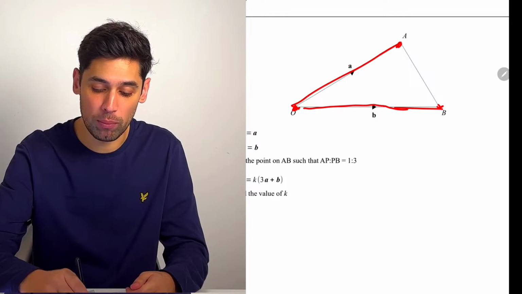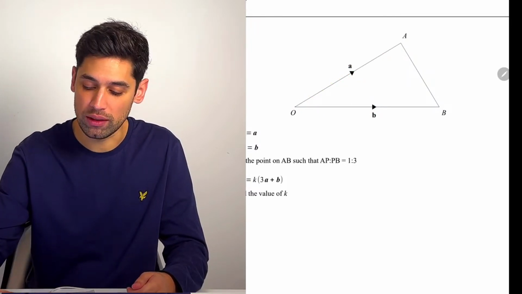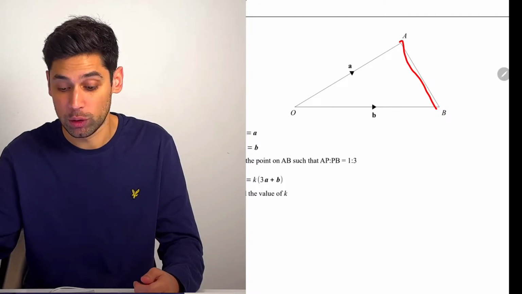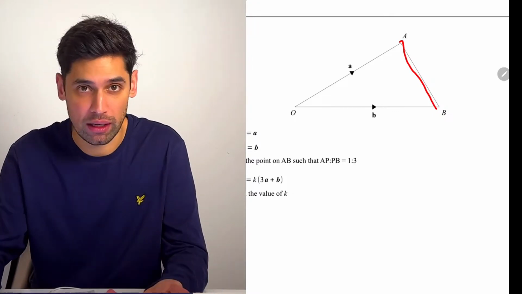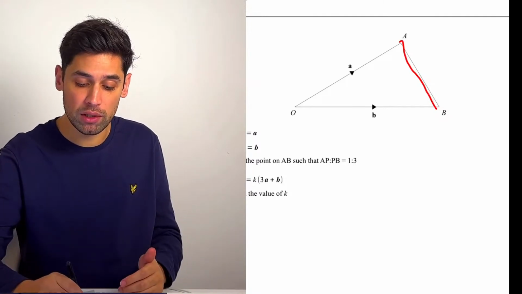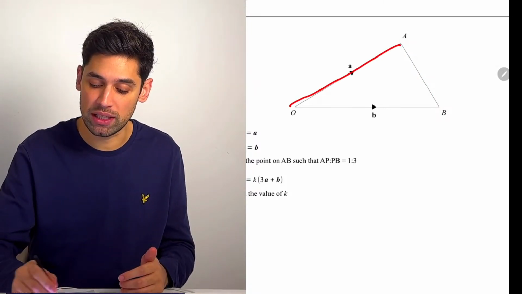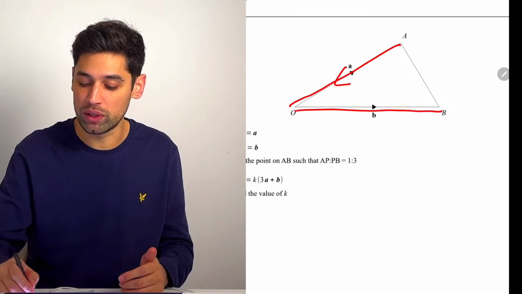Now, if we want to get from A to B, we cannot use this line that goes straight down there. The reason why is because there is no arrow on that line. It's almost like a forbidden line. We can only use lines with arrows on. But the solution is quite simple, because we can get from A to B by going backwards this way and then forwards that way.